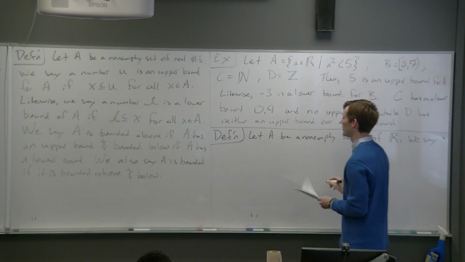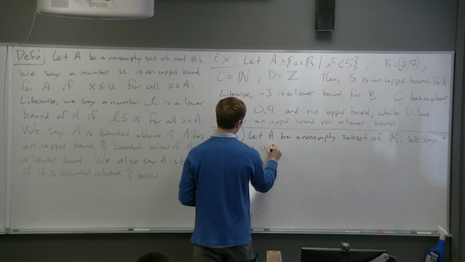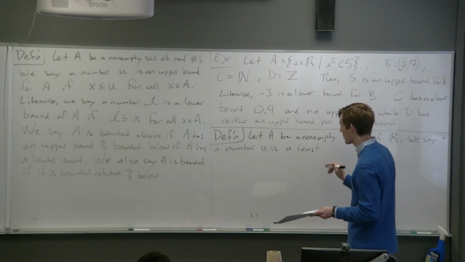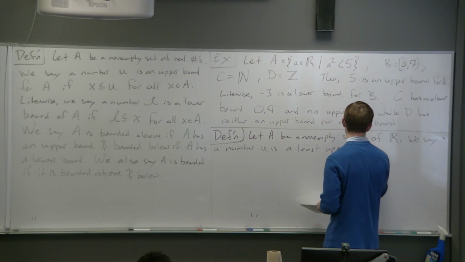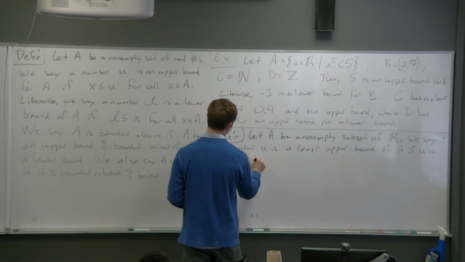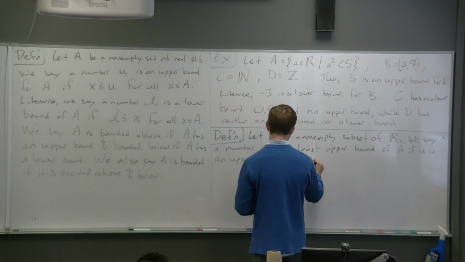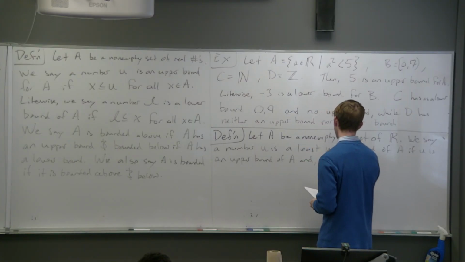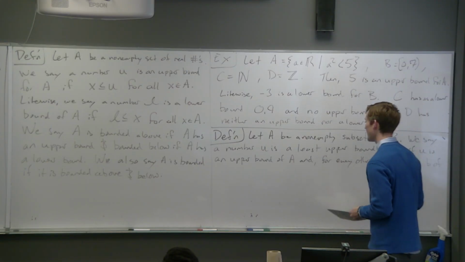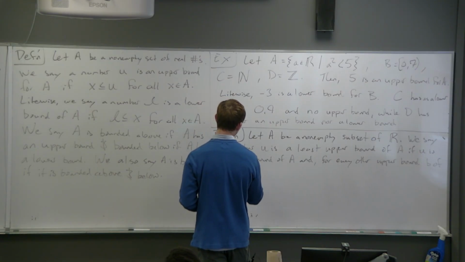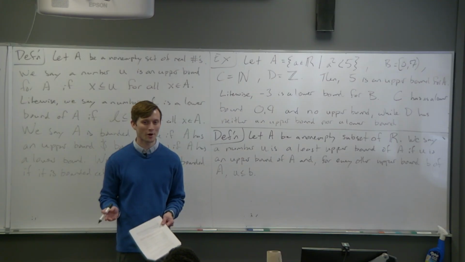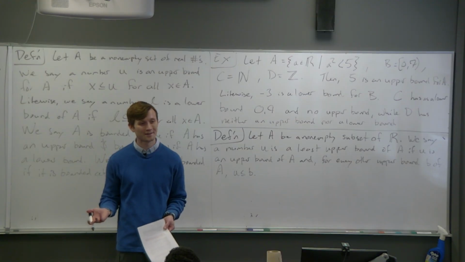We say a number U is a least upper bound of A if U is an upper bound of A and for every other upper bound B of A, U is less than or equal to B. So if it's an upper bound and all the other upper bounds are bigger, yeah, the least one, reasonable.